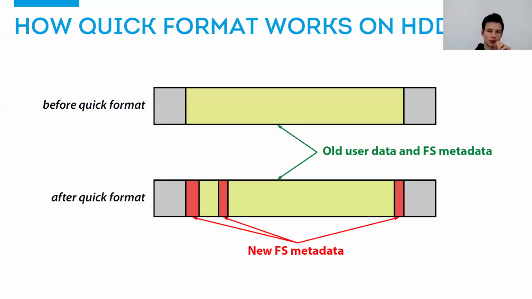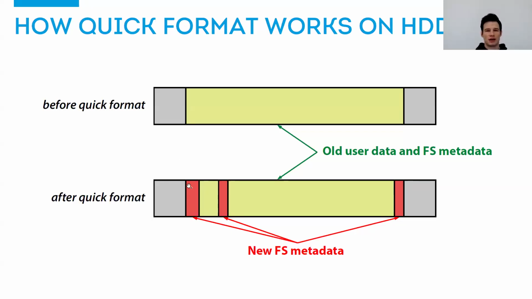So how does quick format work on hard disk drives? First of all, let's understand and find the differences. Before the quick format, the data on the hard disk drive, let's say it is this green part on my screen, is old user data and file system metadata. What will happen when we click quick format?